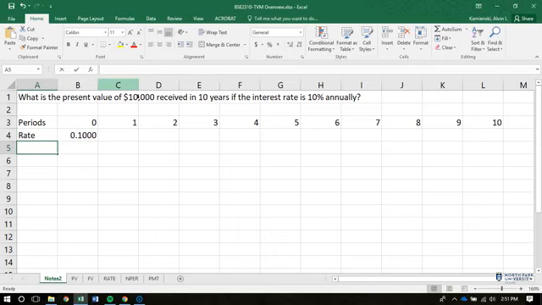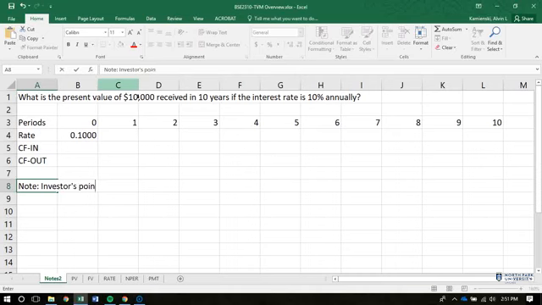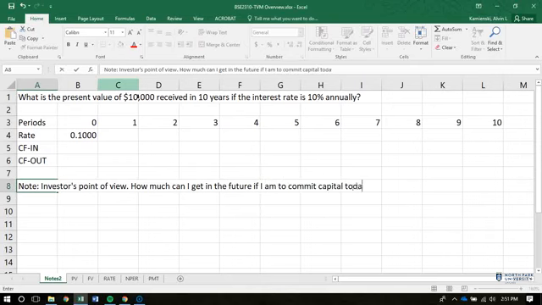The third thing we have is the king, which is cash flows, and those cash flows come either in or go out. The way that I want us to think about doing these problems is by thinking about it from an investor's point of view, where an investor thinks, how much can I get in the future if I am to commit capital today?